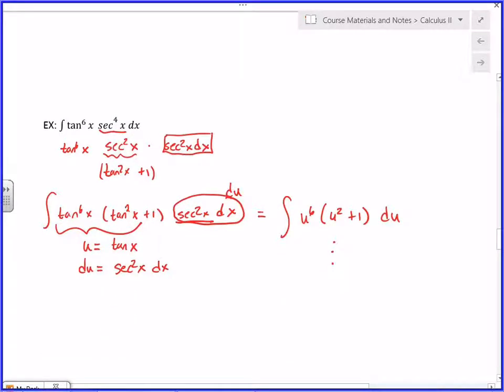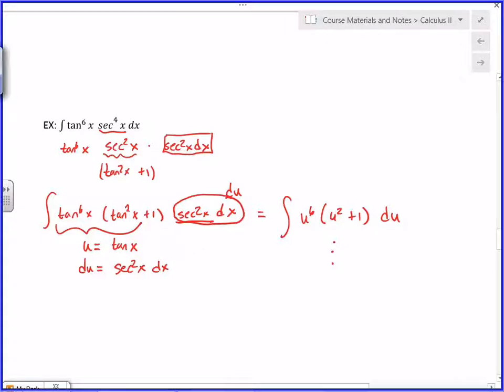Can y'all finish this integral? This problem should be easy from that point forward, because it's now u to the 8th plus u to the 6th. Integrate, power rule, piece of cake, plug your thing back in.